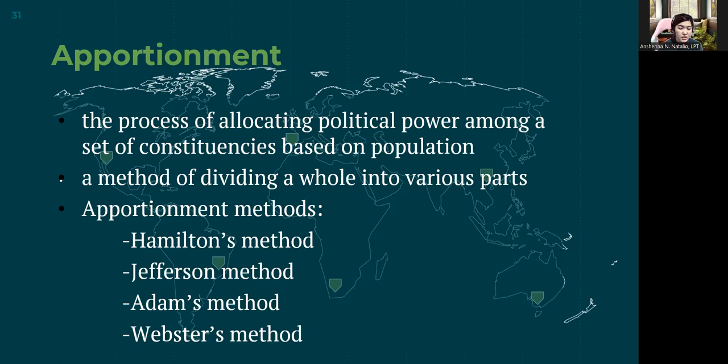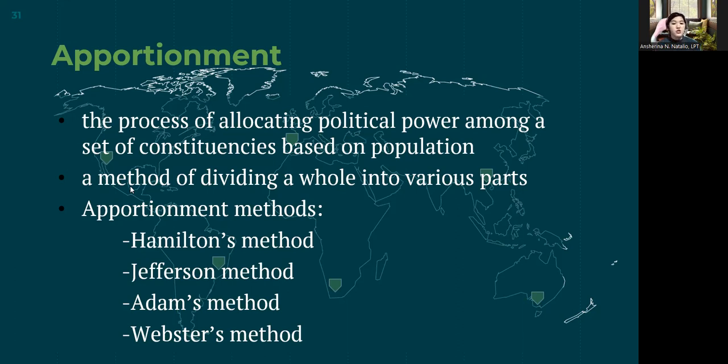Okay? Another thing is it's a method of dividing a whole into various parts. Hindi pwedeng basta natin i-divide na para fair, tig-dalawang representative. Kagaya nga ng sabi ko kanina, the bigger the city, the more representatives you need. The smaller the city, the fewer representatives you need. And we have a lot more examples later on.